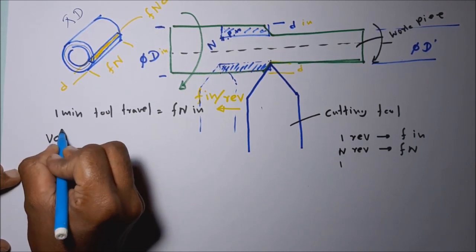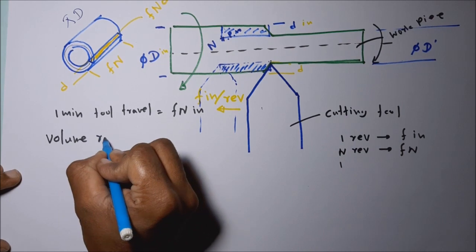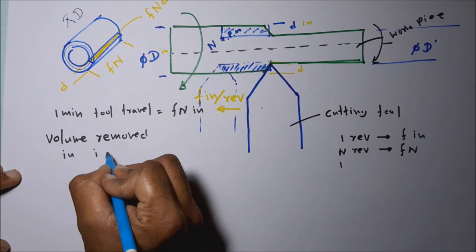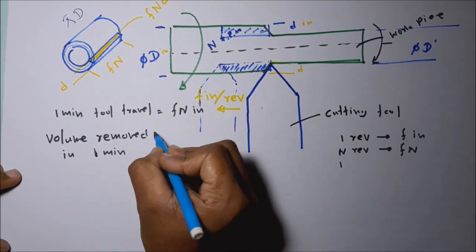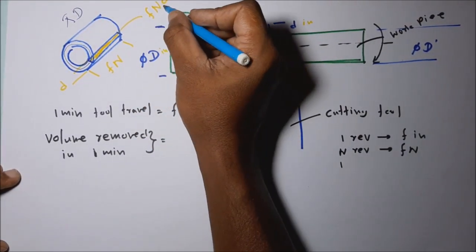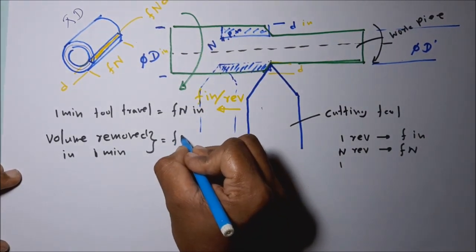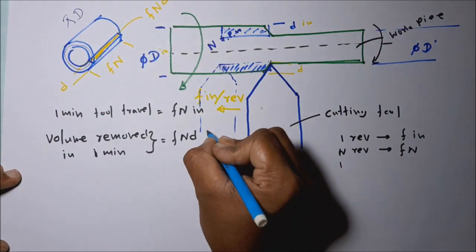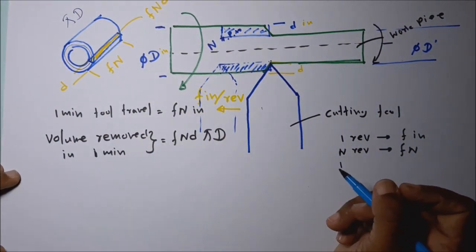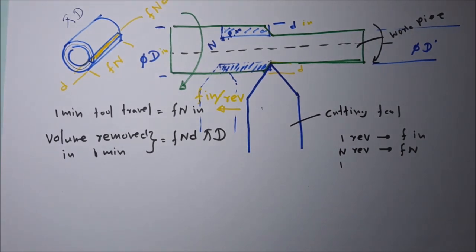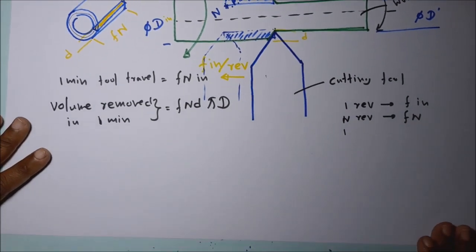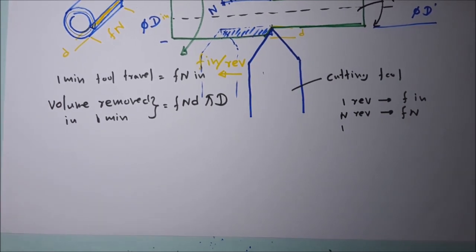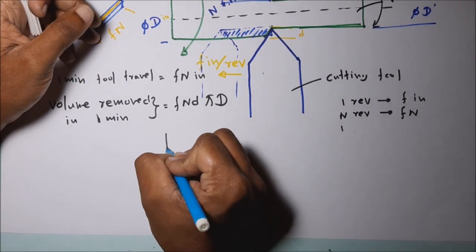The volume removed in 1 minute is equal to this cross-sectional area F N into D, into this circumferential length, pi into D. So that means in orthogonal machining operation, we can derive an expression for the material removal rate.